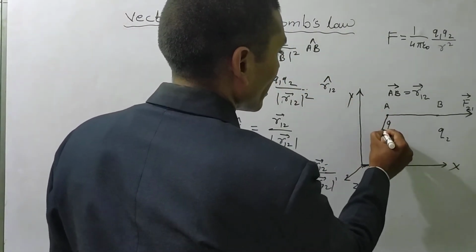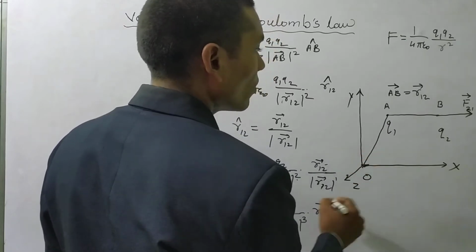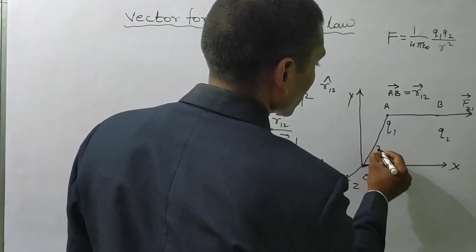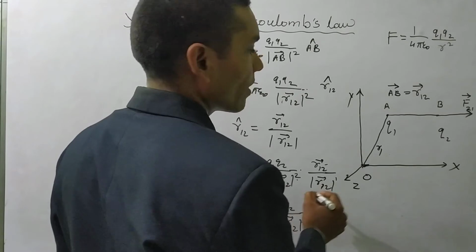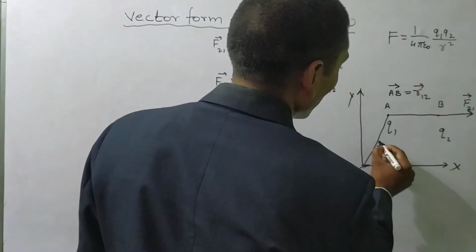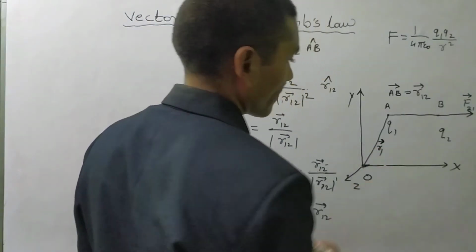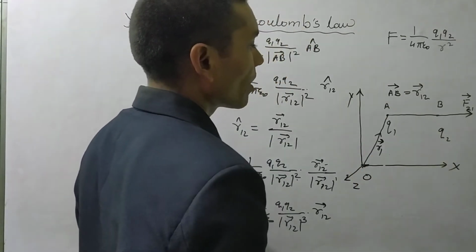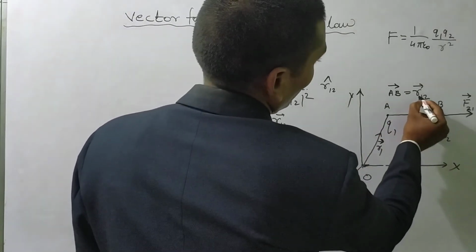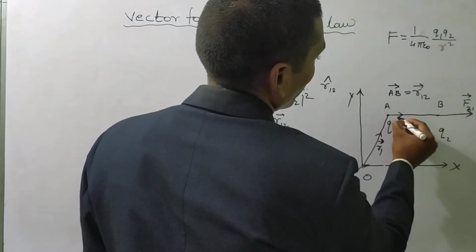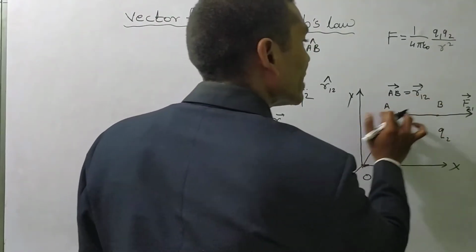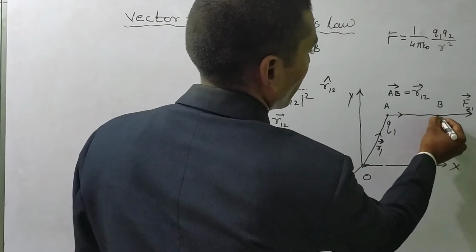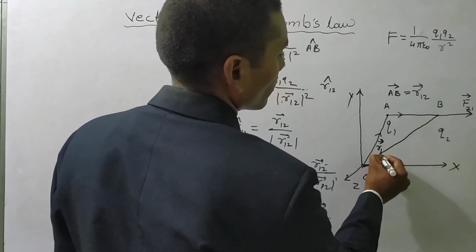Join the point A from O. Let the distance be r1. Now the position vector will be vector r1, and the direction is along O to A. The direction of this position vector is along this direction, because this is measured from A to B. Now join the point B from point O.